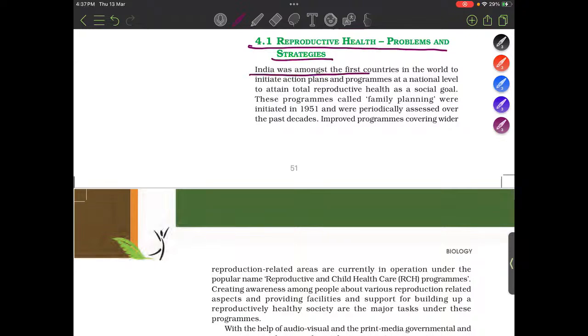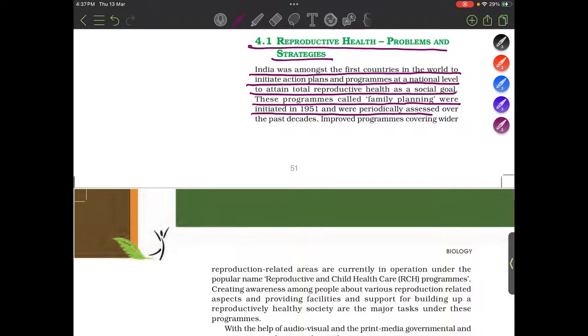India was amongst the first countries in the world to initiate action plans and programs at the national level to attain total reproductive health as a social goal. These programs, called family planning, were initiated in 1951 and were periodically assessed over the past decades.